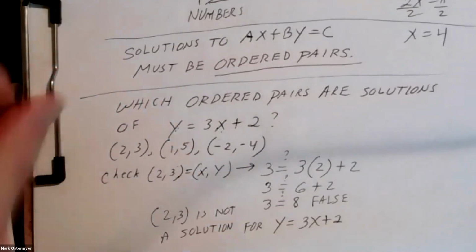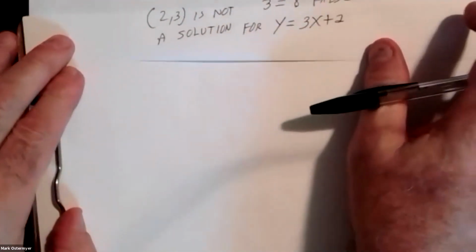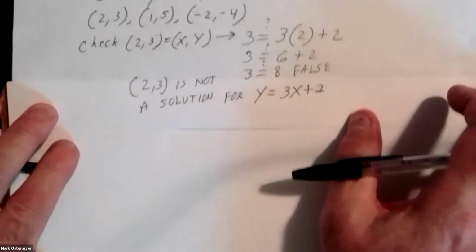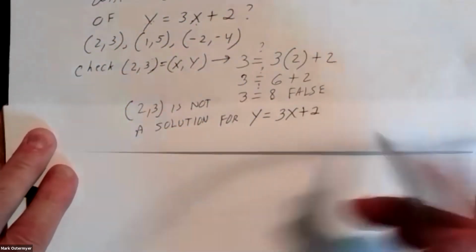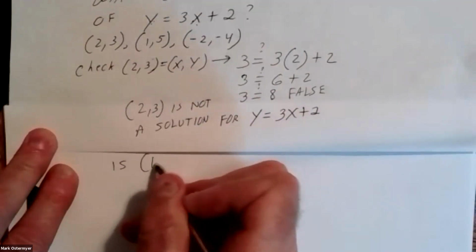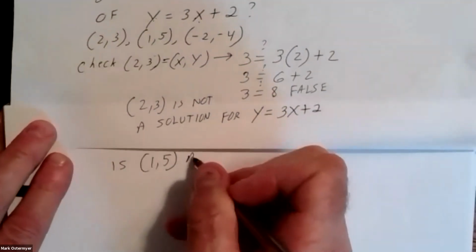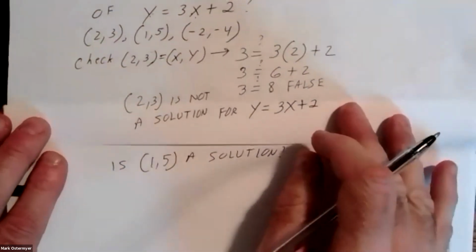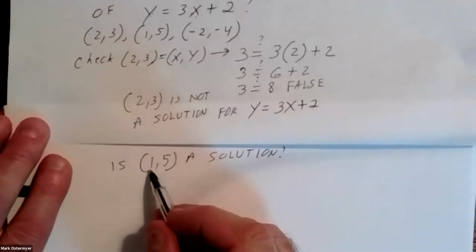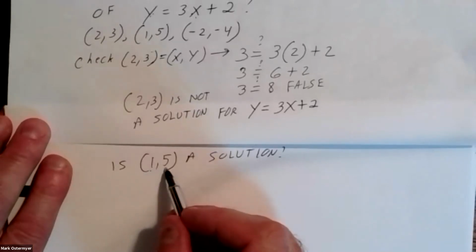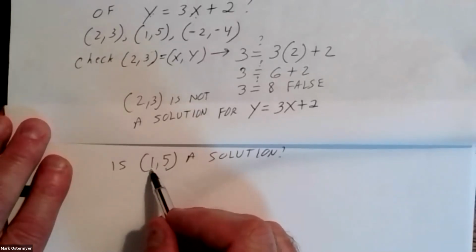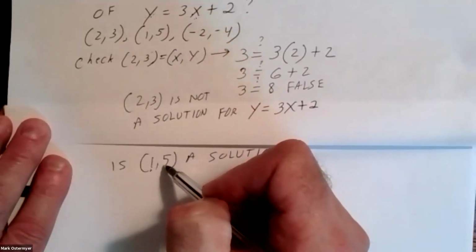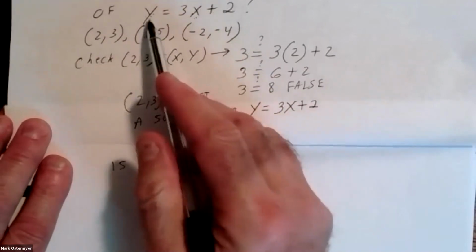Do you think (1, 5) is a solution? So the x coordinate is 1 and the y coordinate is 5. The x coordinate 1 replaces the x variable, and the y coordinate, which is 5, replaces the y variable.